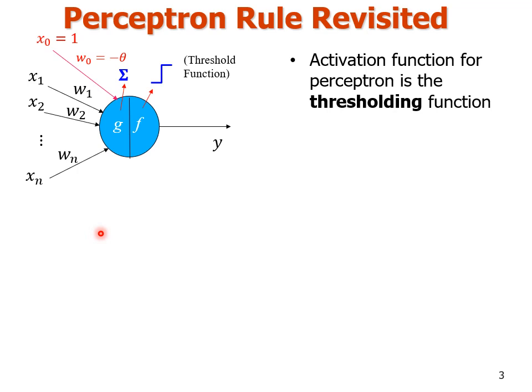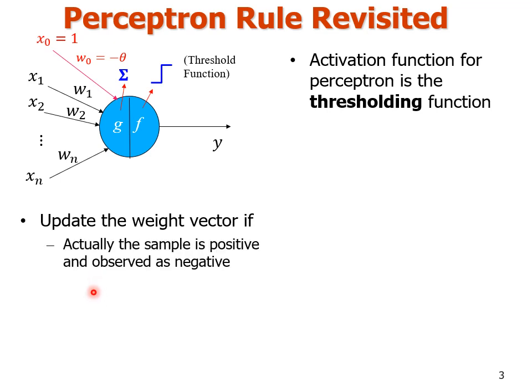So, formally we may say that update the weight vector if actually the sample is positive and observed as negative.